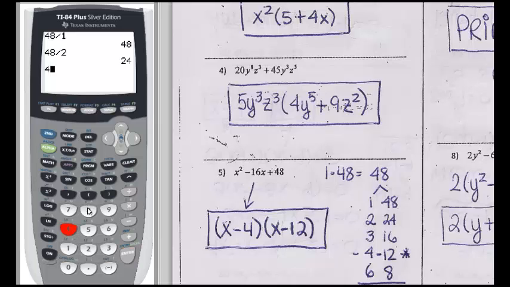Then we do 48 divided by 3, and we get 16. Then 48 divided by 4, we get 12. The next number would be 5. If I try to divide it by 5, I get a decimal, so 5 does not make the list.